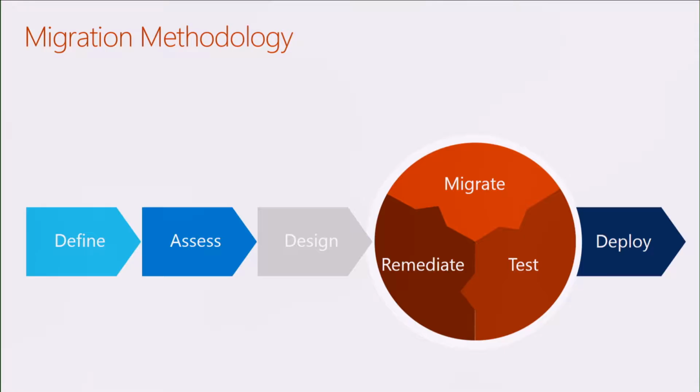You build a solid blueprint to devise the migration steps, the architecture, and so on. Then there's an iterative process where, once you have a solid design, you migrate, you test, you remediate. You keep doing that over and over again until you have enough confidence. And then finally, when you're ready, you actually deploy.